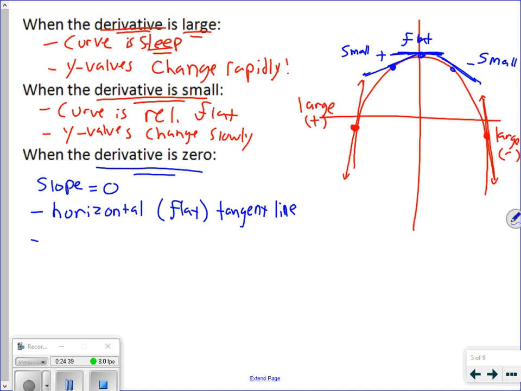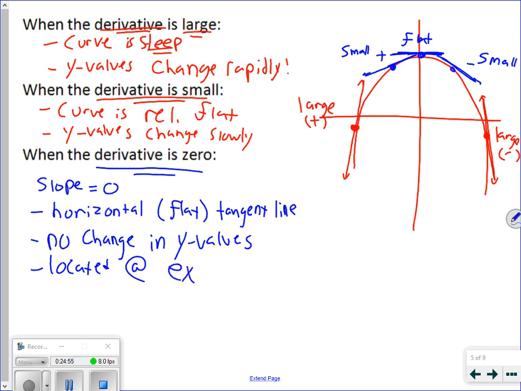Now, at this point, there is no change in y values. And this is located, and you can probably already tell, at extrema. So at maxes and mins.